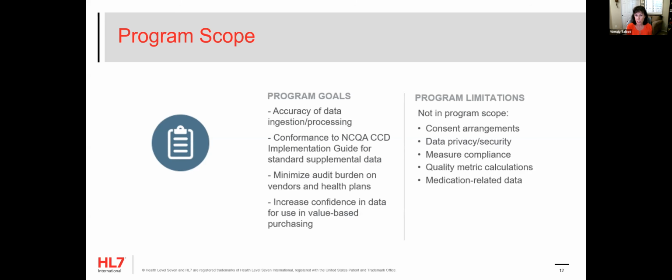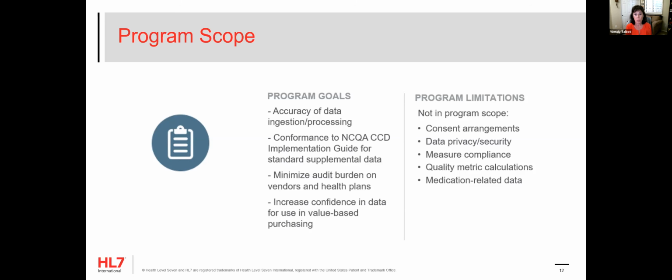Some of the limitations in the scope of the program as it was currently designed and being rolled out: some of the items that NCQA is not going to get involved in are consent arrangements and data privacy. We are not going to take on any responsibility to make sure that vendors or health plans are following the consent or state-specific rules around data sharing.